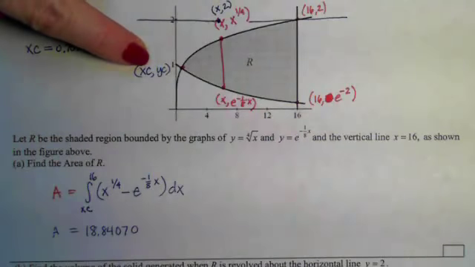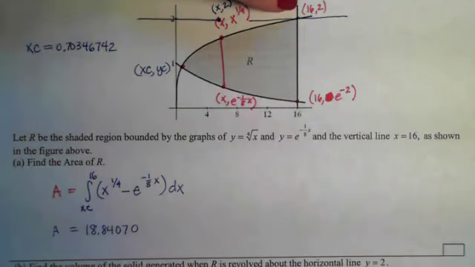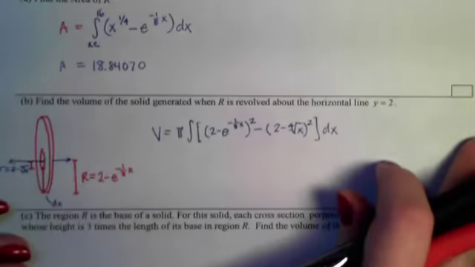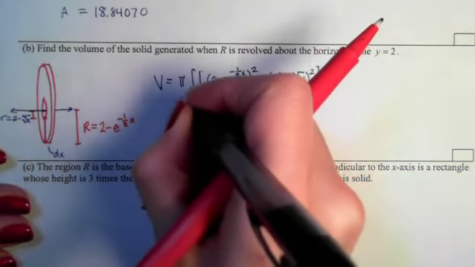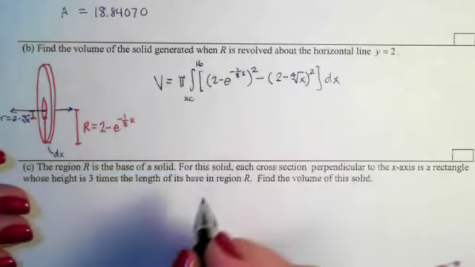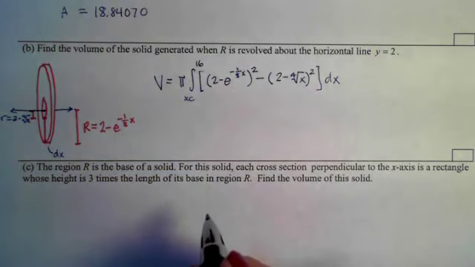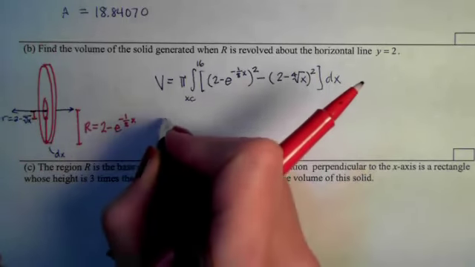So the leftmost bound is going to be xc and the rightmost bound will be the 16. So I can write xc to 16. So we've got all our setup points now. We've got our integrand, we've got our limits. We just need one more point for the answer.